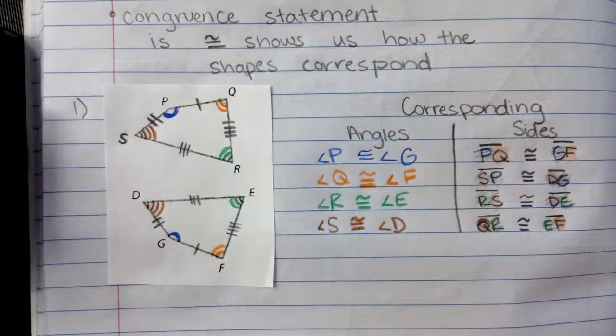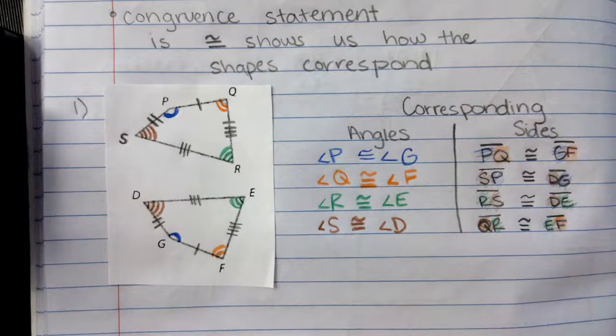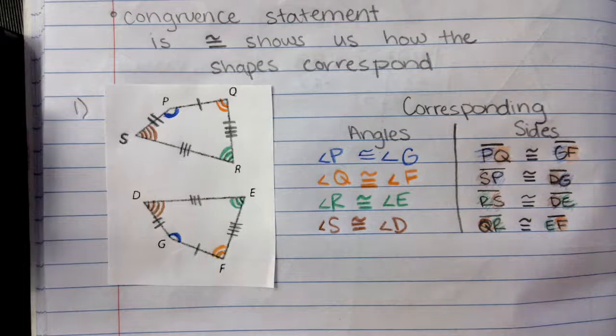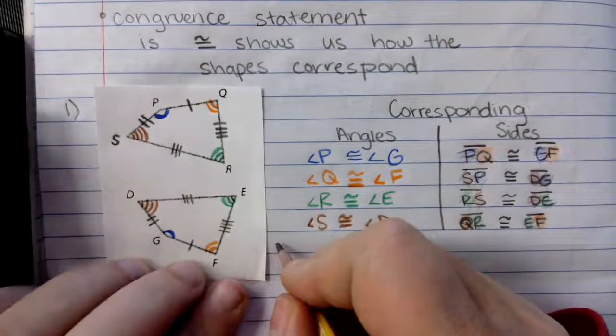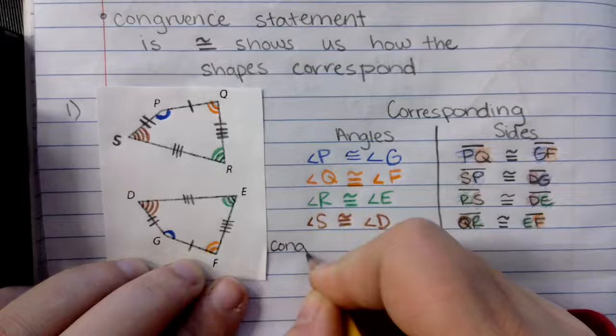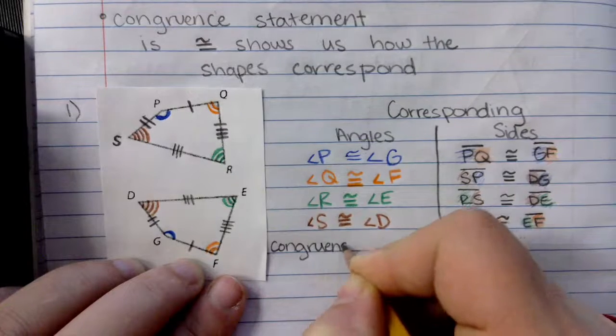Okay, we have one last part of this problem before I move on to the next, and that's our congruent statement. So for our congruent statement, we're going to name the polygon and say what polygon it's congruent to.